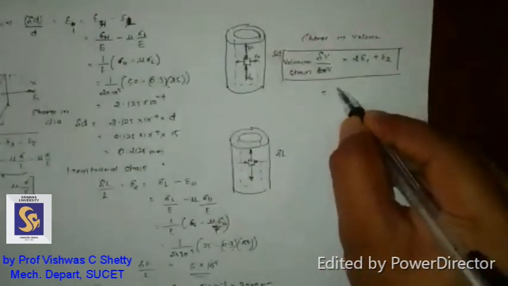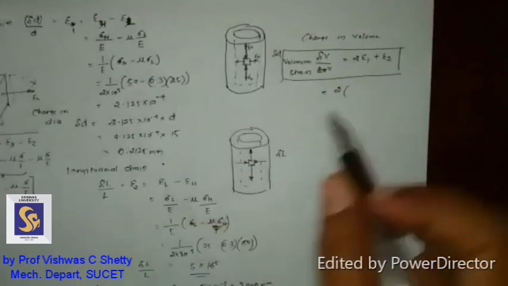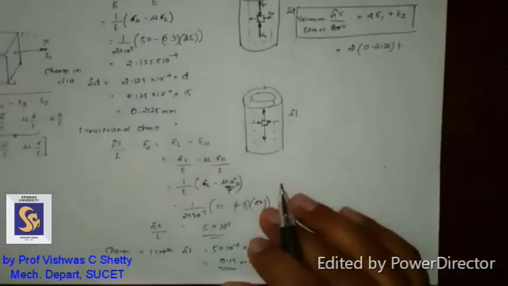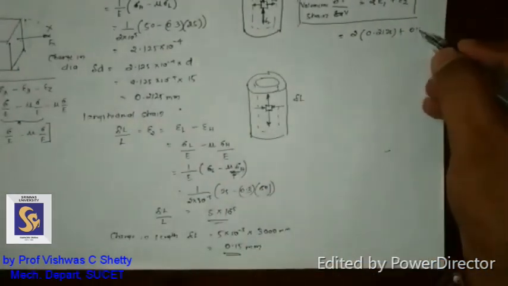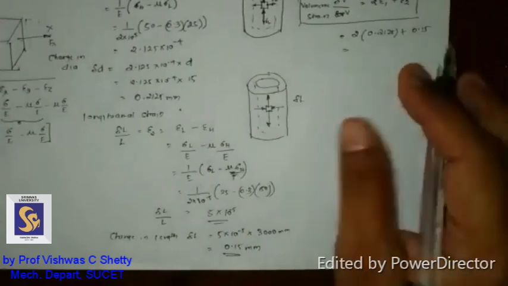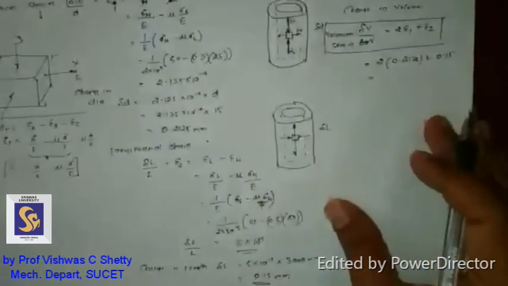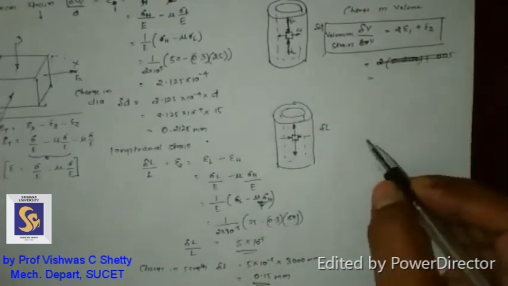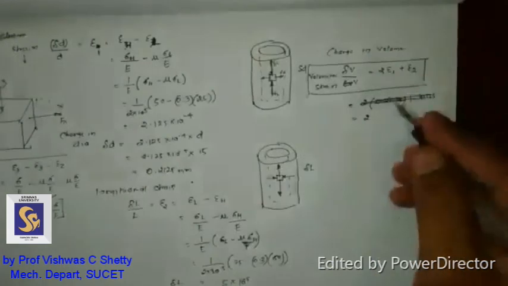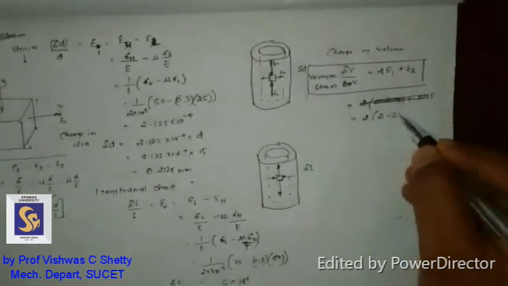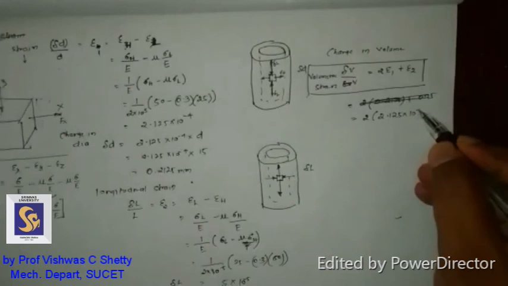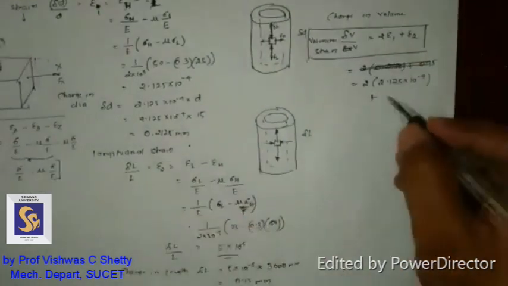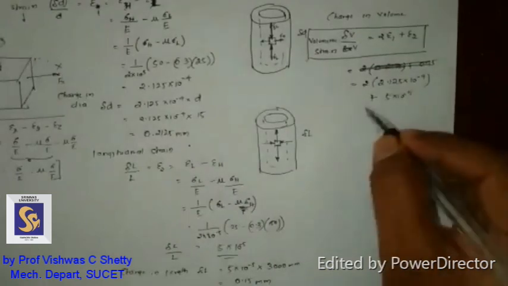So can you calculate now? 2 into epsilon 1, which is 0.2125 plus 0.15. What is the value you are going to get? Sorry, strain you have to take. Epsilon 1, what is the value? 2.125 into 10 power minus 4 plus epsilon 2, 5 into 10 power minus 5. Quickly tell me the answer.